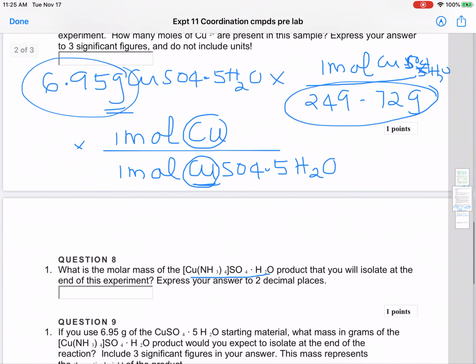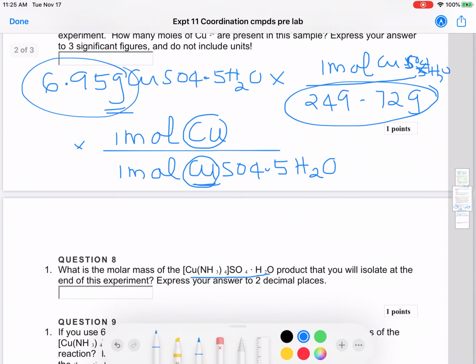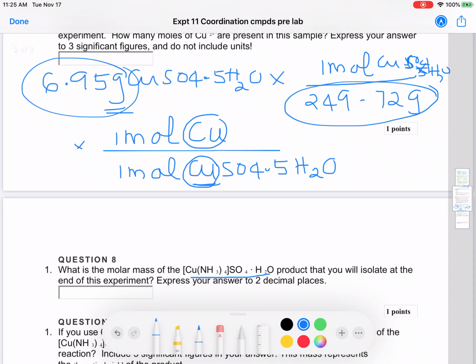Yes, question number 7. Let me write down what I got. 6.95 divided by 249. I'm going to go ahead and write down the answer for that. Again, you may want to check these calculations yourself. 0.0278 moles of copper, as well as that is the same number of moles of copper sulfate pentahydrate.